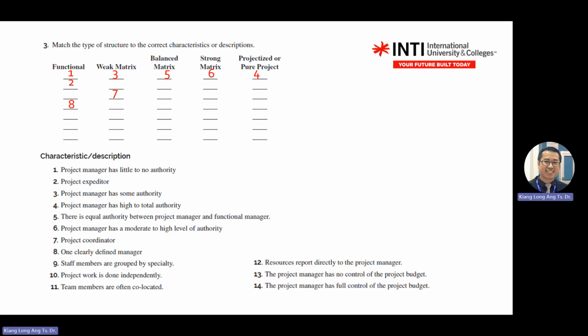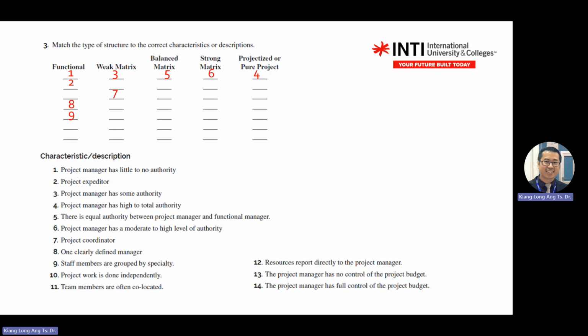Okay, number 9, staff members are grouped by responsibilities. This one is very direct. This is project. Staff members are grouped by specialty, which means you group by expertise. If you're good in finance, you group in finance. If you're good in engineering or design, you group in R&D and so on. This one is functional, the traditional organization chart. Then project work is done independently.